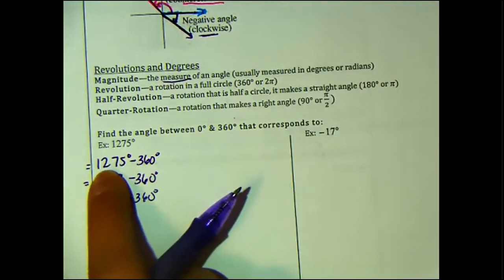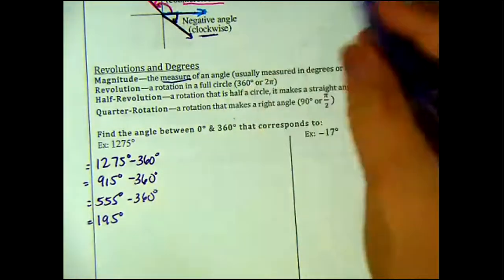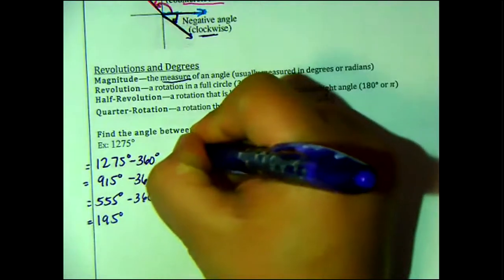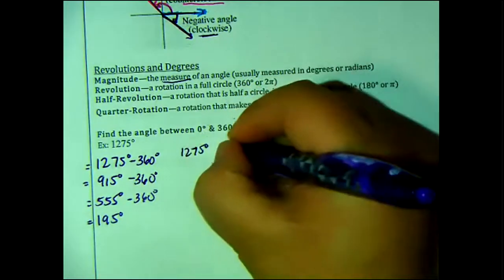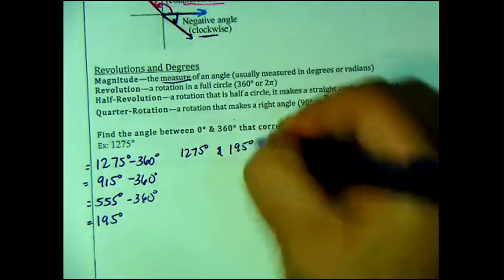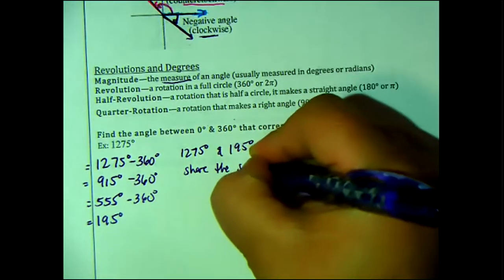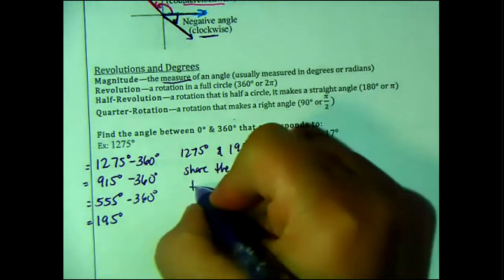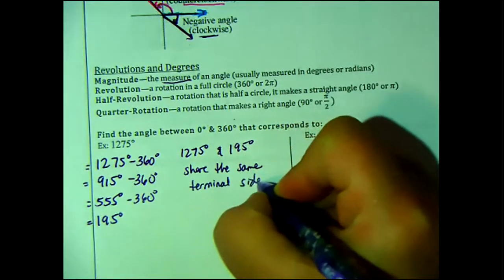So this angle, what does this mean? This means that the 1,275 degree angle and the 195 degree angle share the same terminal side.